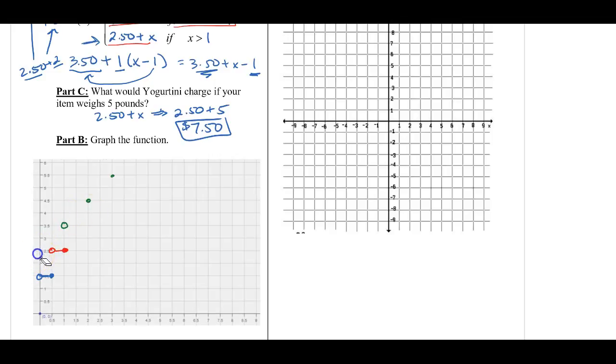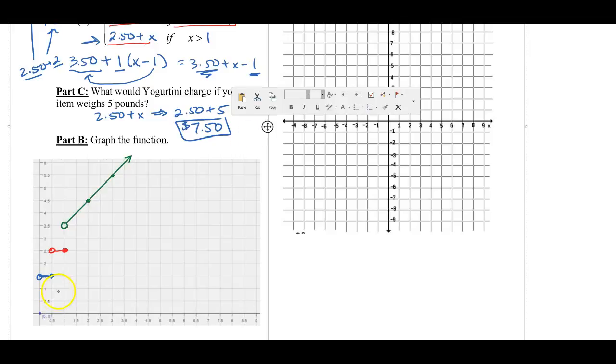So we don't care about that y-intercept, it just helps us graph the line. And now we can draw the correct line, and there's my graph, showing that we started with $1.50 for the first half a pound, $2.50 for the next half a pound, and then here's my function for anything greater than that.